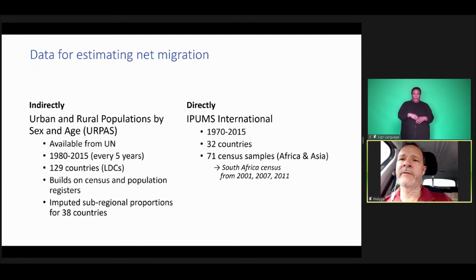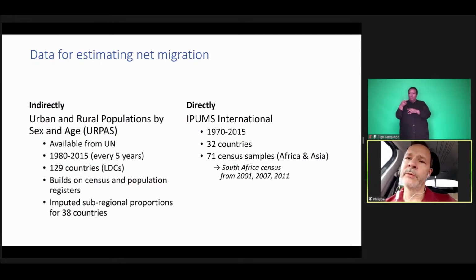And we also have IPUMS international database, which collects a number of census data from 1970 to 2015, but it's only available for 32 countries across Africa and Asia. And for South Africa, it's available for the censuses of 2001, 2007, and 2011.